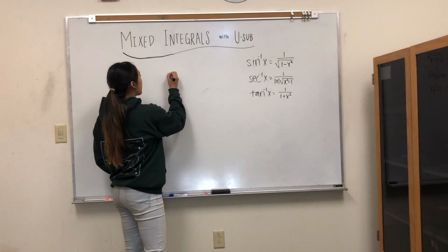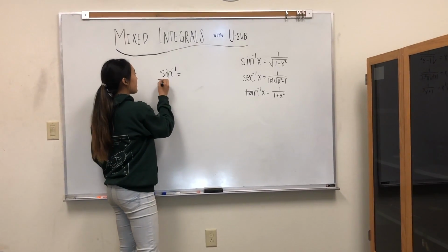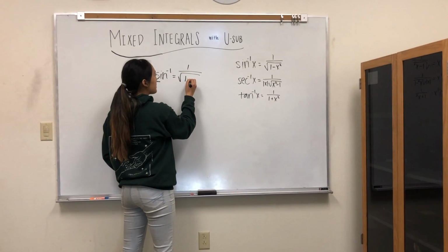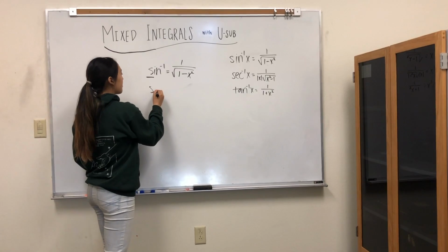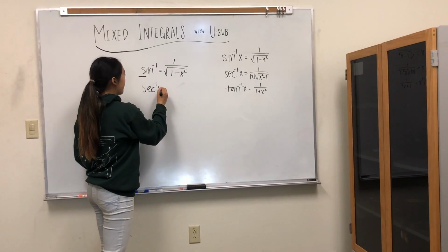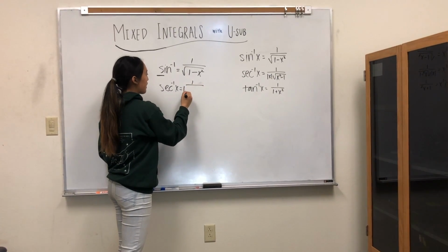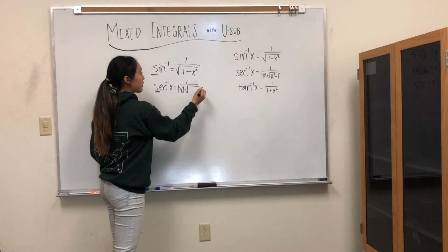So for sine, this s right here can help you remember that there's a square root and a subtraction right here. For secant, it's almost the same, however, you need to remember an absolute value, and this s can remind you that there's a square root right here.